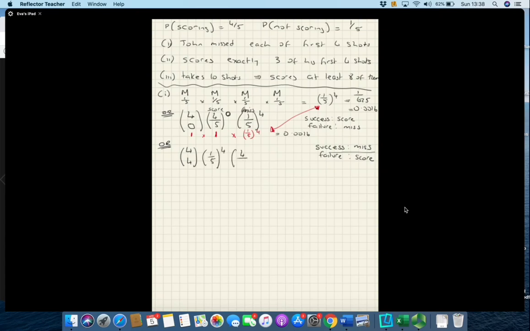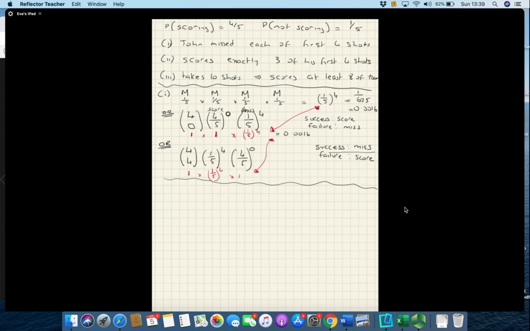The probability of scoring is 4/5, and you'd like to get none of them. Just like before, you'll find that 4 choose 4 is actually 1. This is a 5th to the power of 4, and anything to the power of 0 is a 1. That's how this ends up being the exact same thing as well. So whichever way you prefer, you can do part 1.